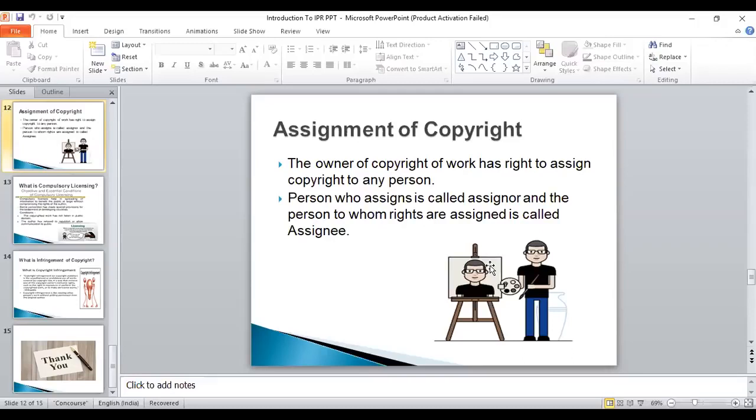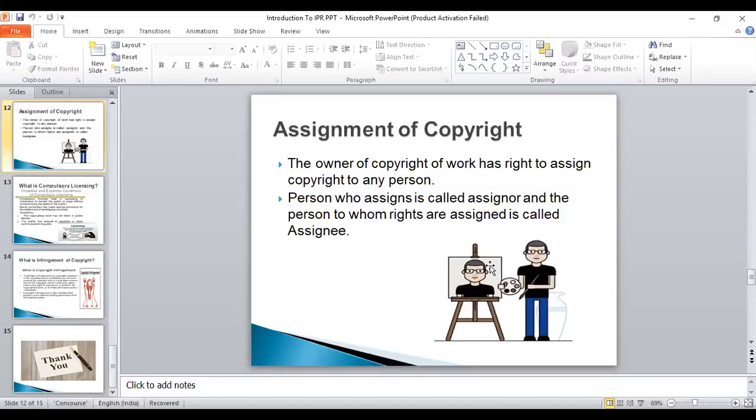Suppose I have invited a few friends to my home and I have certain work to do; I can only delegate that work to somebody else. Nobody else can do it on my behalf. That is like assignment, because I am the owner of that flat, I have a particular right, and I can only delegate that right to somebody else.